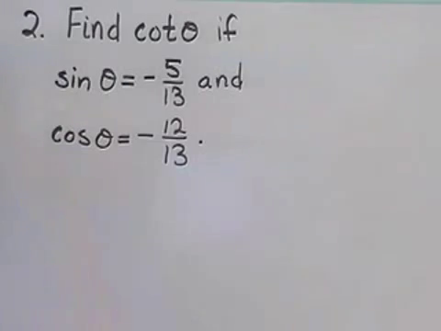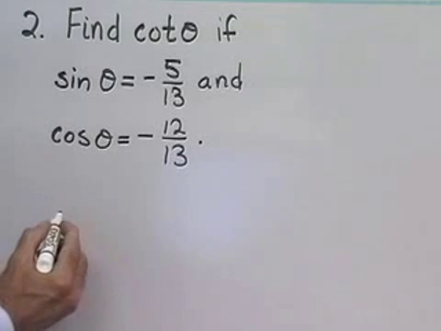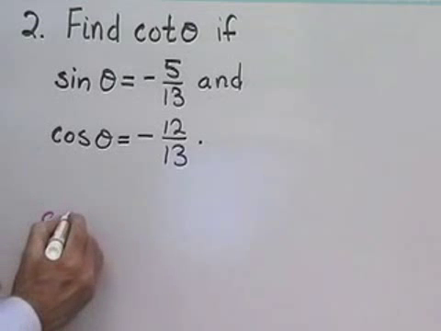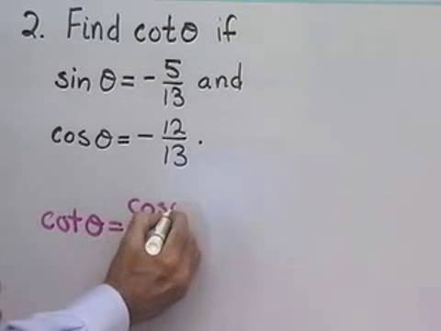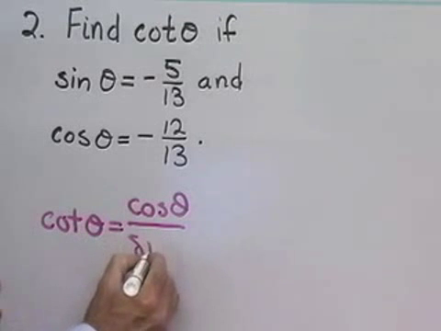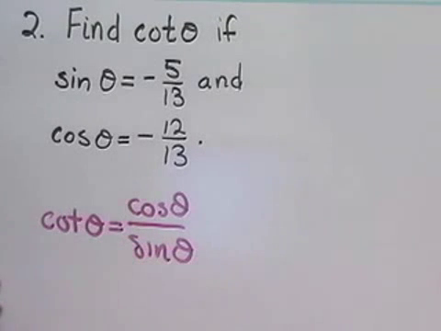Here's our next problem. Find cotangent theta if sine theta is equal to negative 5/13 and cosine theta is equal to 12/13. Well, I know from my ratio identities that cotangent of theta is always equal to cosine theta divided by sine theta.